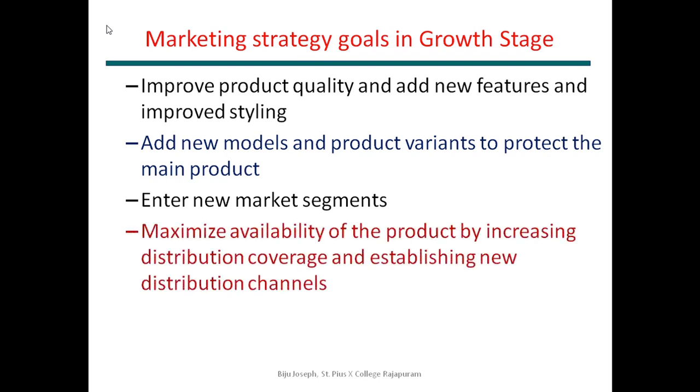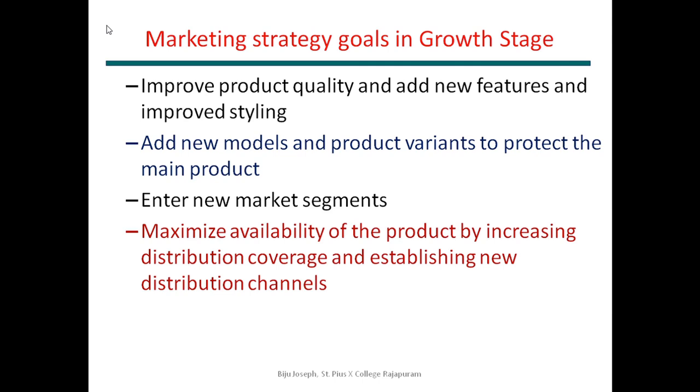Maximize availability of the product by increasing distribution coverage and establishing new distribution channels. Growth stage is the stage in which you can reap the maximum benefits of the product.